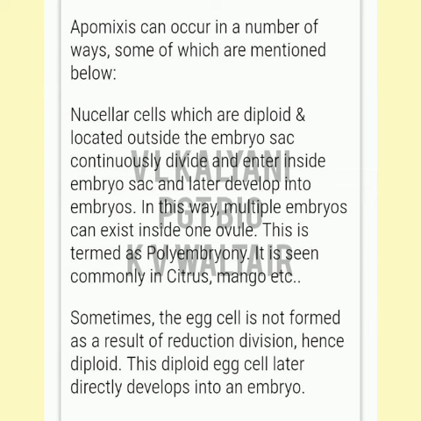In some cases, like mango and citrus, you can see, children, the nucellus, which is there in the ovule inside the integuments. What happens, for reasons not known, is that the nucellus will protrude into the embryo sac. Around the embryo sac there is nucellus.